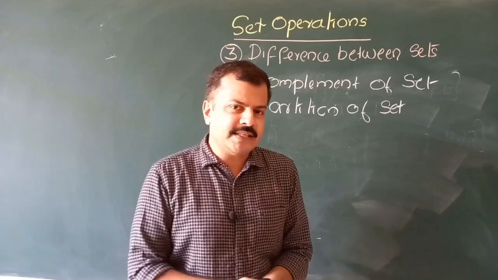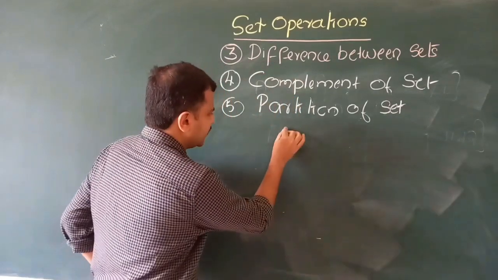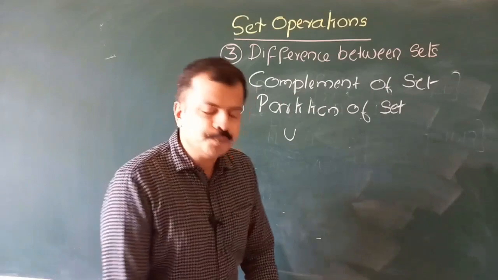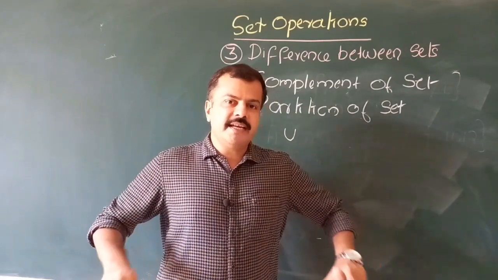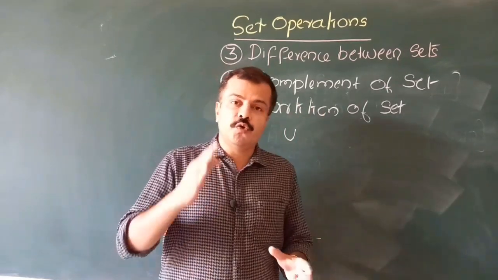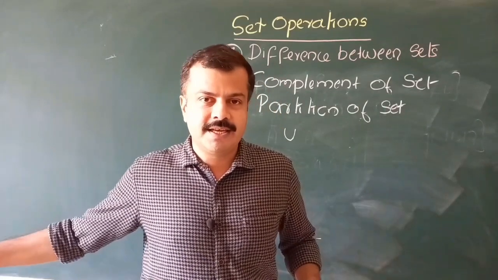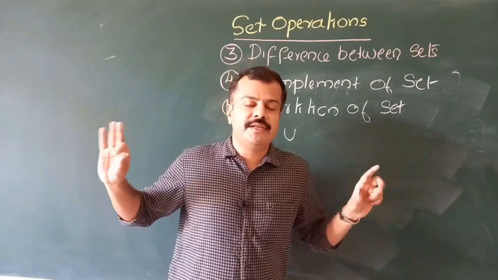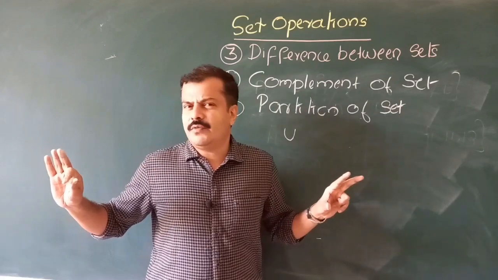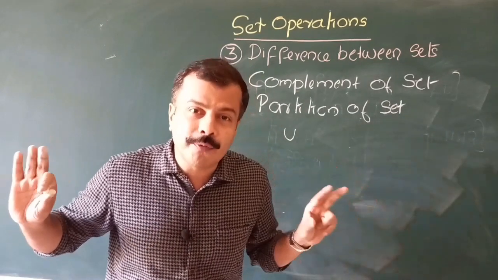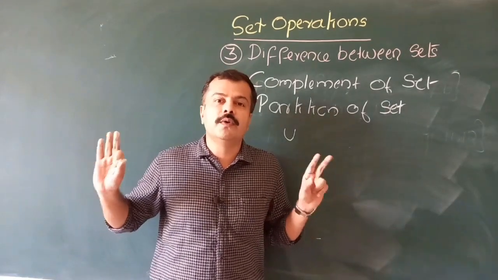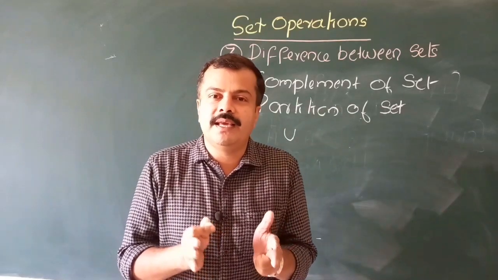So you have a set, for example, say a universal set U. It can be partitioned into a number of subsets which are disjoint in nature. What is a disjoint set? Non-overlapping, mutually exclusive, where the intersection will be an empty set.